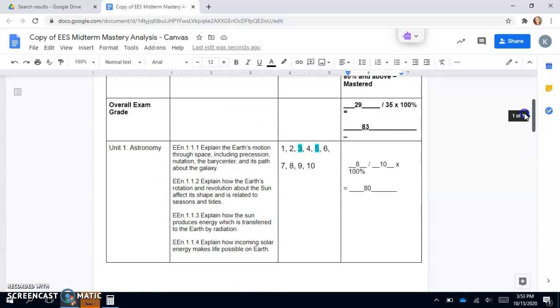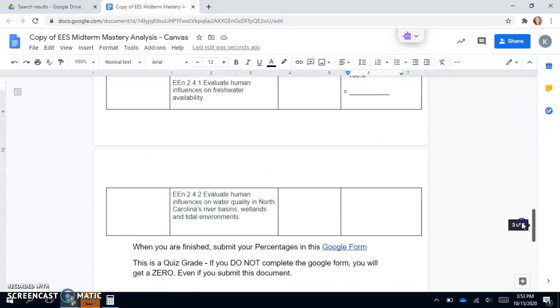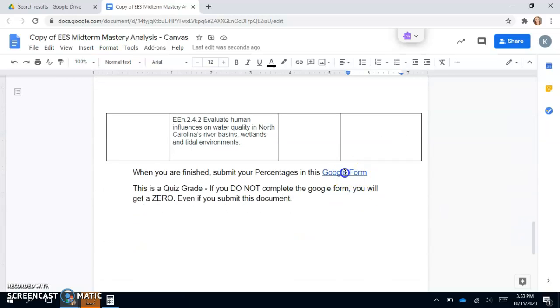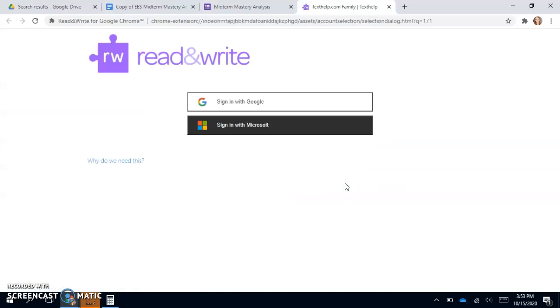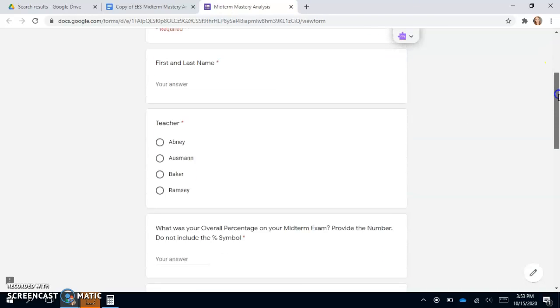So your job is to go through and complete this mastery analysis. Now, this isn't it. You're going to submit this for me so I can check over and make sure you did it correctly. But when you're done, you're going to open up this Google form, and you are going to put your information in the Google form. Okay, so this mastery analysis, it just needs your first and last name.